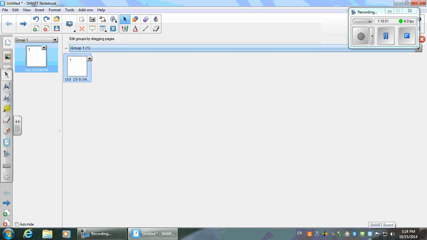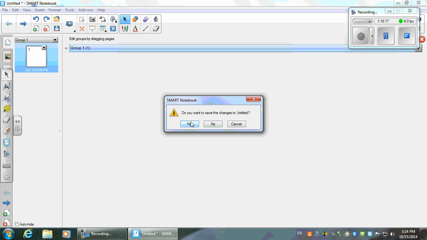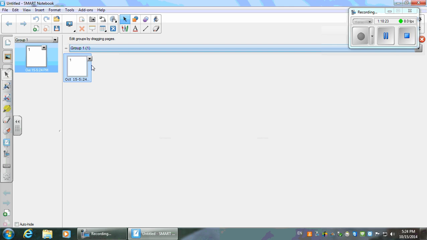So now how do I get out of the group thing? Edit groups by dragging pages. Oh, really? Go away. File. Now it won't get out of the group.